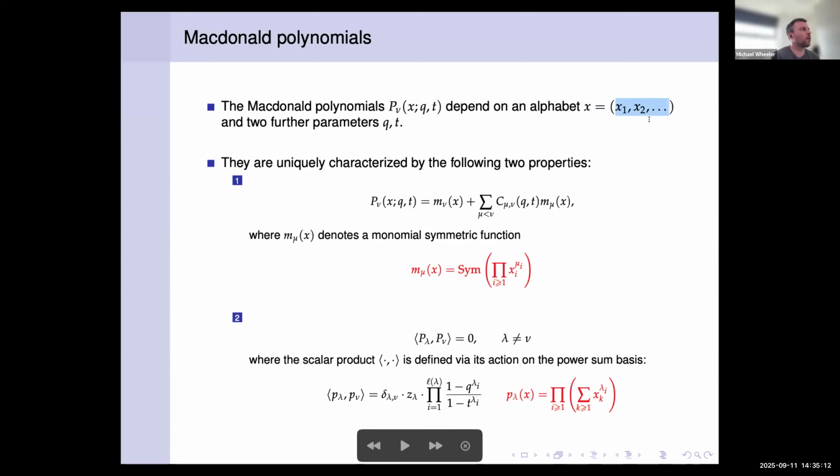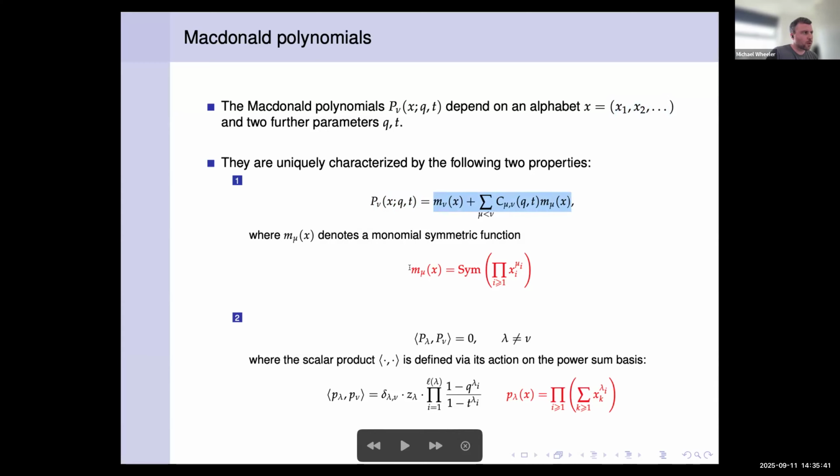One way to define them, which is the way that Macdonald actually does it in his book, is to set up two properties and then say that the Macdonald polynomials are the unique solution of those properties. The first is that you take the Macdonald polynomial and expand it over a rather elementary basis, which is the so-called monomial symmetric function basis.